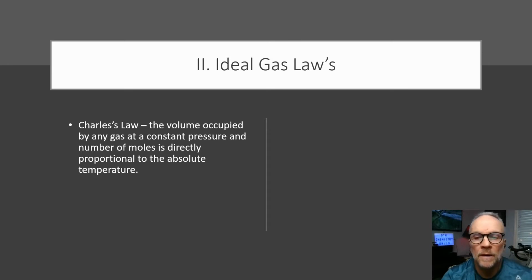Continuing on, let's talk about Charles's law. The volume occupied by any gas at constant pressure and number of moles is directly proportional to the absolute temperature. So this is a little bit different. In Boyle's law, we had an inverse relationship of pressure and volume. So we increase the pressure, we decrease the volume.